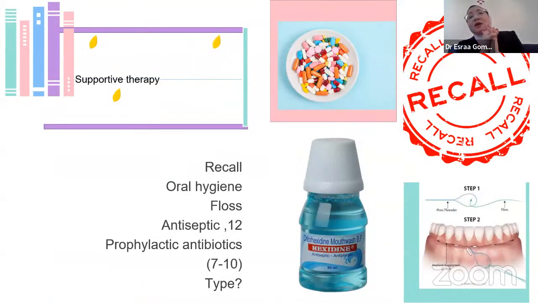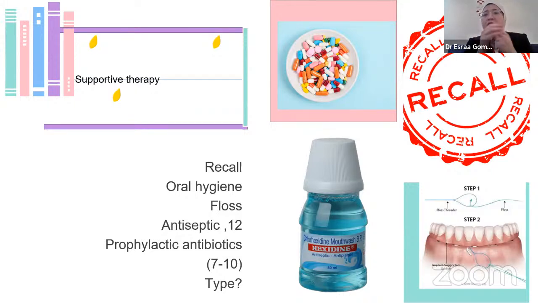After surgery, I know that most of us think: with diabetic patients, should I use a prophylactic antibiotic? If I'm going to treat him with an implant, should I use a prophylactic antibiotic? There is also a debate in this area, but a prophylactic antibiotic for 7 to 10 days could sometimes be very beneficial. But as we know, antibiotics will not help you as much as your work will.